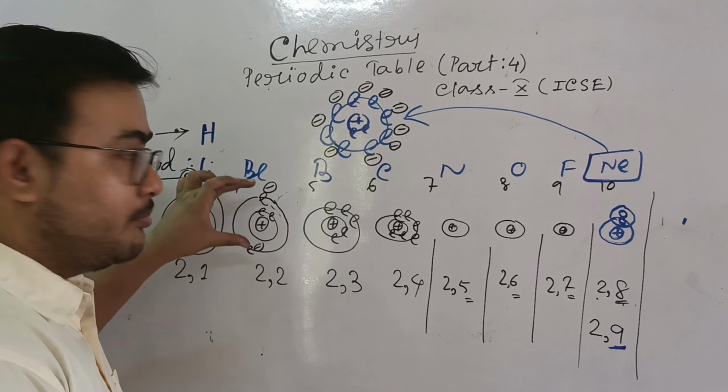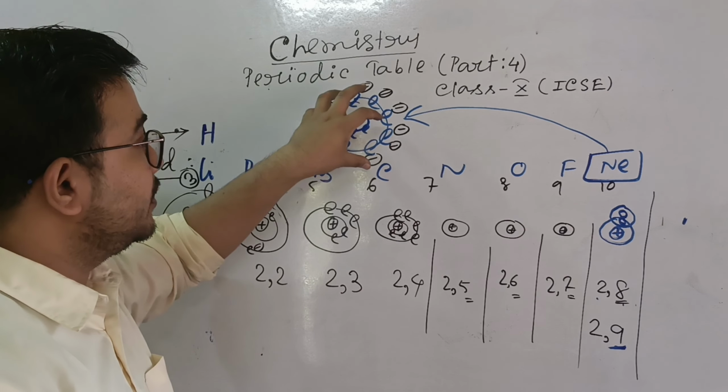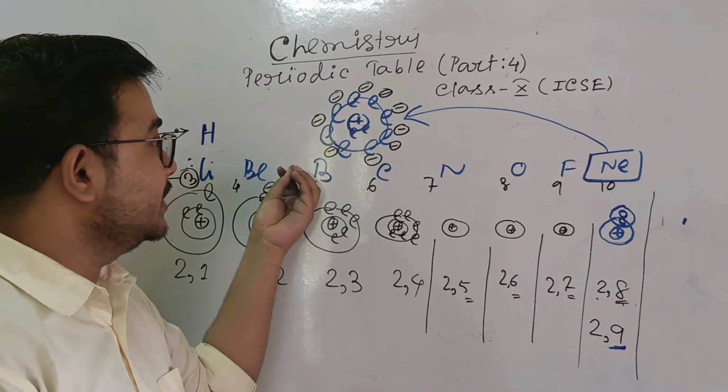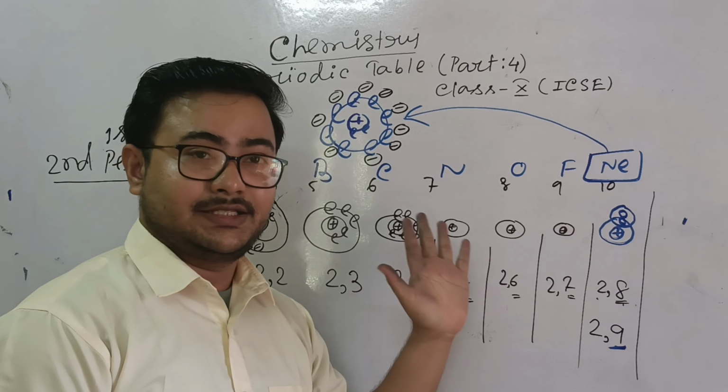But in case of neon, it is not possible, because the maximum number of electrons are already in a shell, so they feel repulsion and try to fly out from each other, and the radius increases.